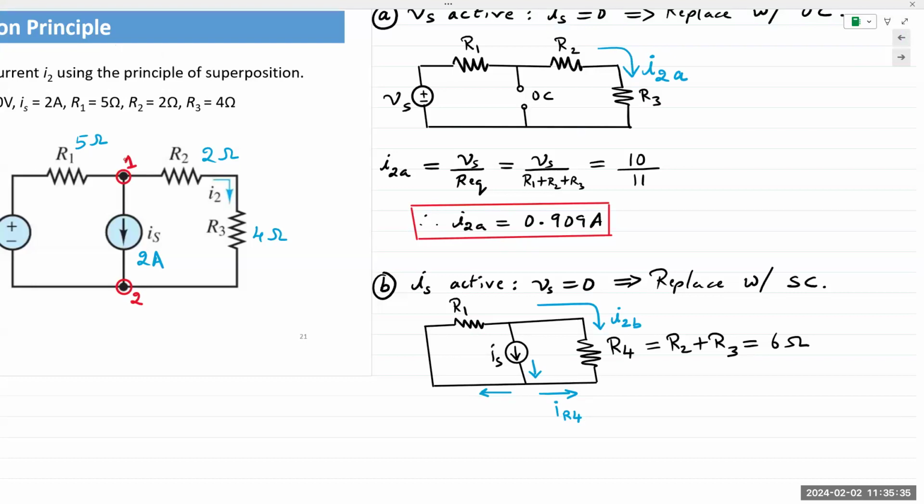I'm just marking the terminals across the current source as 1 and 2. And so I have, and of course, since I've solved this before, I know what I'm going to use.